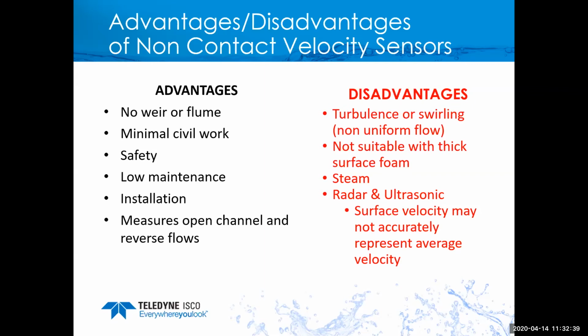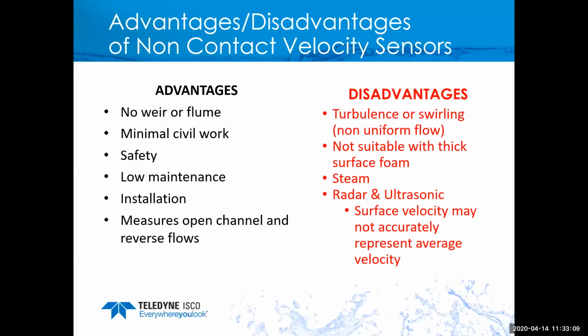Now, some of the disadvantages of the non-contact is going to be the turbulence or non-uniform flow, which for any application, you want to have uniform flow to get accurate flow readings. They're not suitable with thick surface foam because, as we were just talking about, the ultrasonic sensors read the water depth, and the foam could have an effect on the ultrasonic signal.